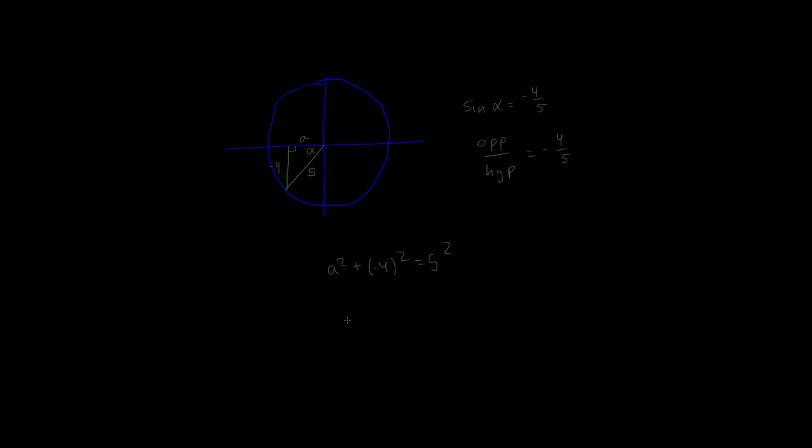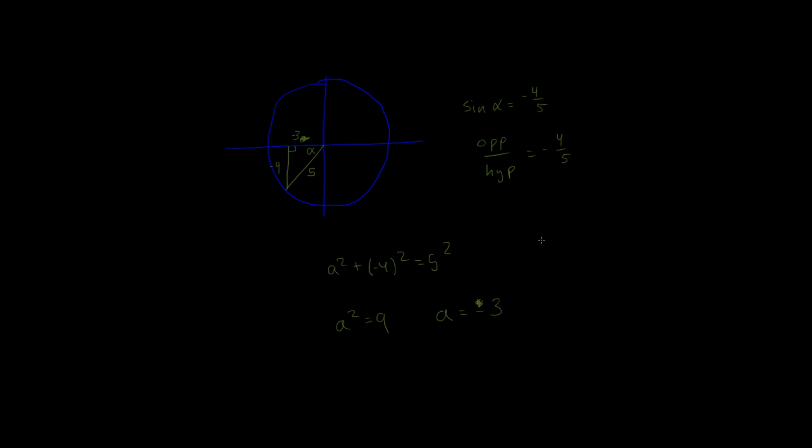So we're going to have a squared is equal to 9, which means a can equal plus or minus 3. So in this case, though, we're going to the left of the origin, which means that a can only be negative 3. Okay, so now instead of writing a right here, I'm going to write negative 3.